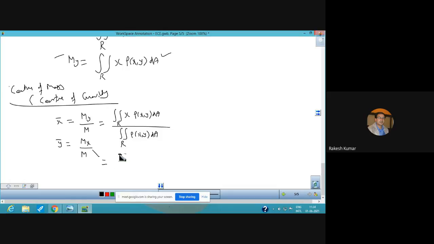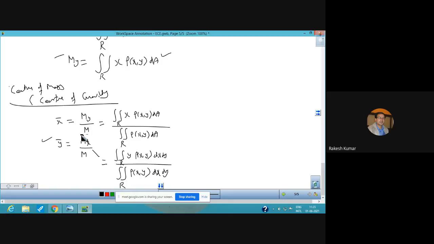Now similarly we can write down the y bar coordinate, that is y rho xy dA, where dA can be written as dx dy, double integral over R, R is the region, divided by the double integral of rho xy dx dy.